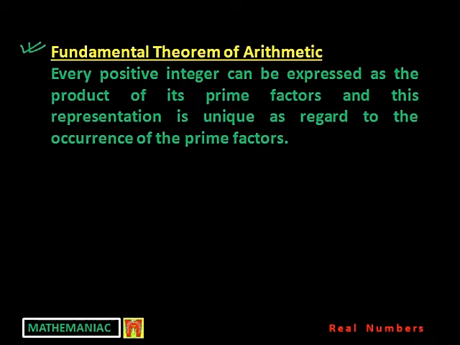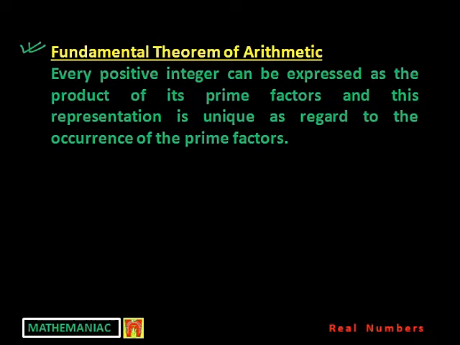Every positive integer can be expressed as the product of its prime factors, and this representation is unique as regards the occurrence of the prime factors. So first of all, let us try to understand exactly what this statement says. It is very easy in fact, but a very important and particular statement. So let us start with an example.